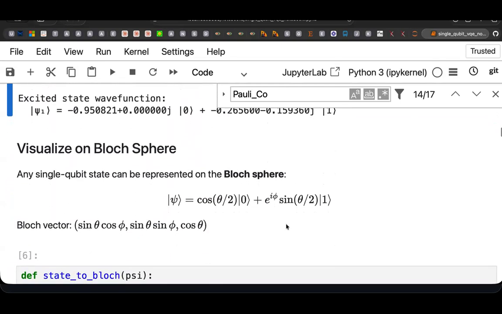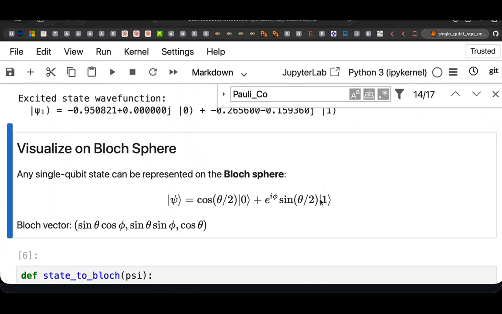And then you can visualize this on a Bloch sphere, and this is extremely useful. So keep in mind now that the general state, so when we initialize our initial qubit in state 0, when we perform an operation with these rotation matrices, we are going to generate a general state on the Bloch sphere.